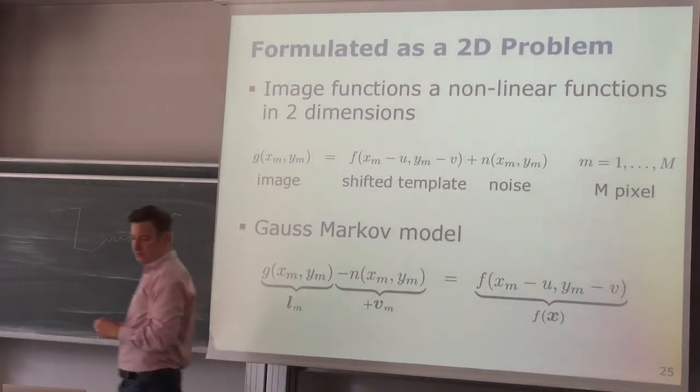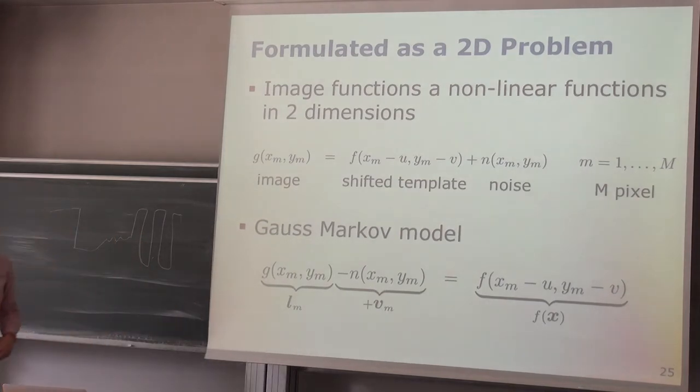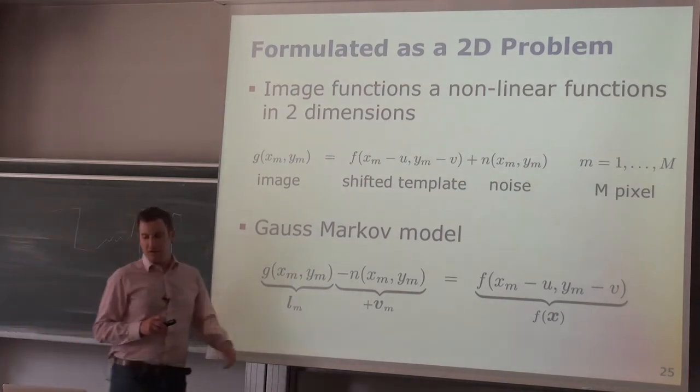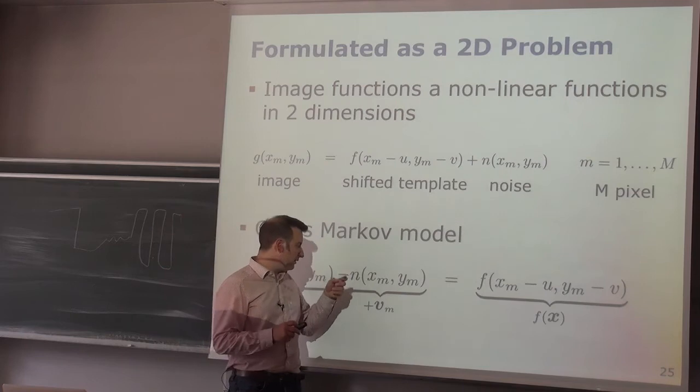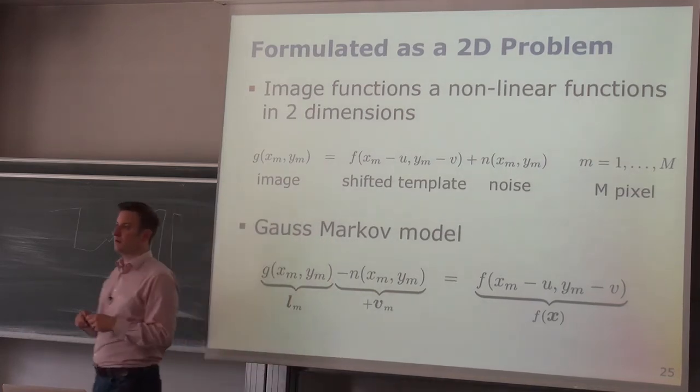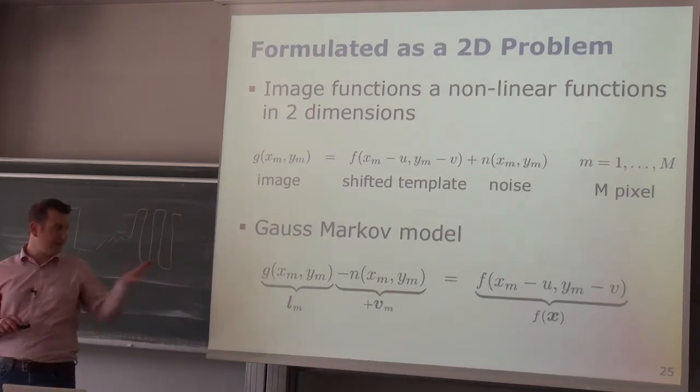What we want to do now is estimate these parameters u and v, so the shift, so that the sum of the squares of the noise gets minimized.